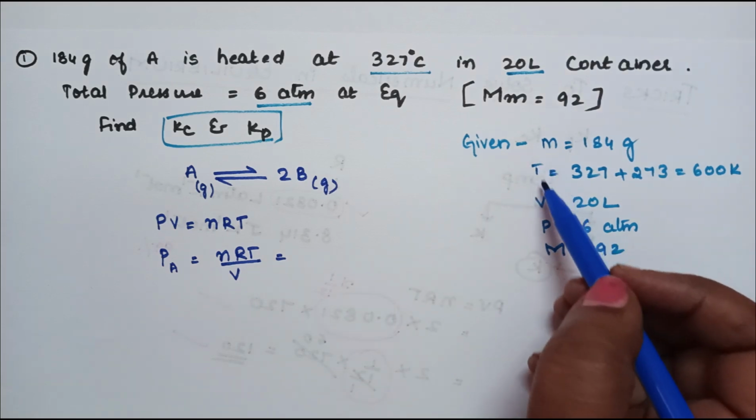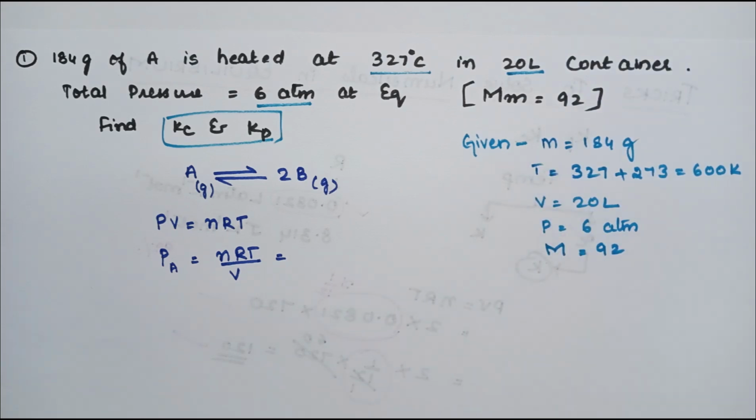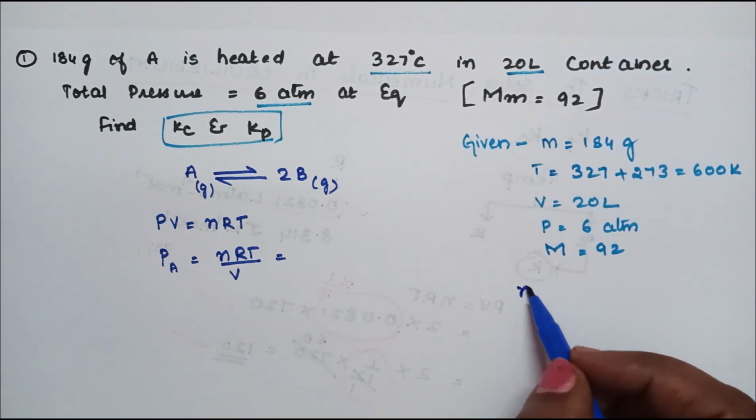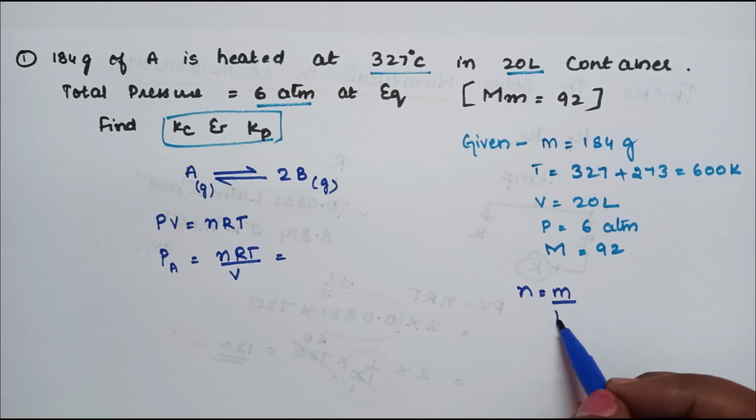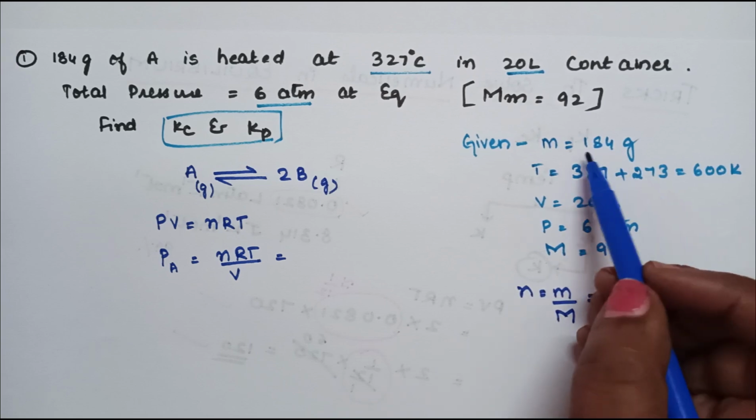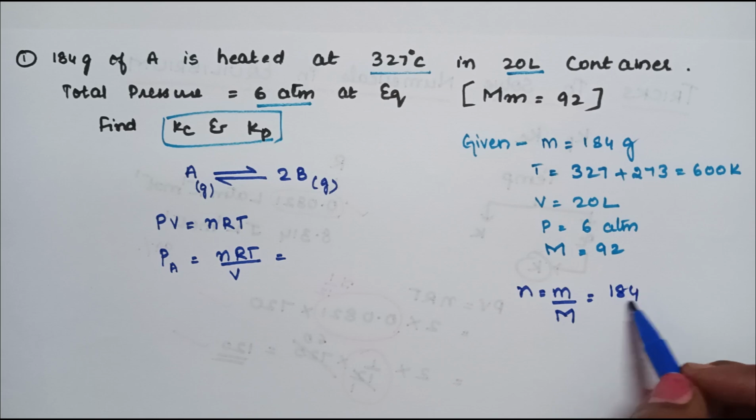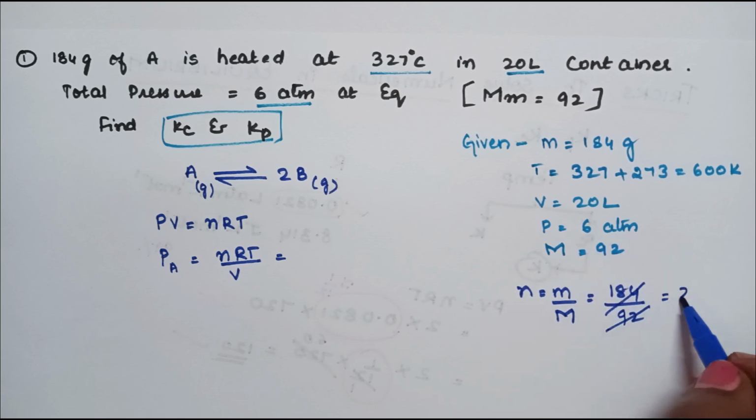It is not given, so you have to find it out. Number of moles is equal to mass by molecular mass. Mass is 184, molecular mass is 92. Cancel this, you will be getting 2.